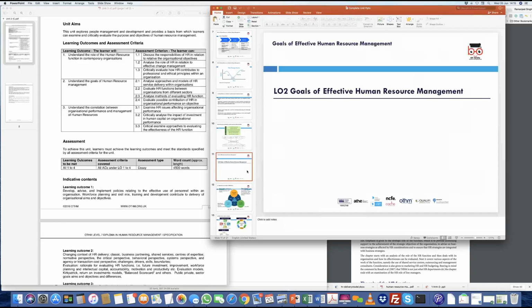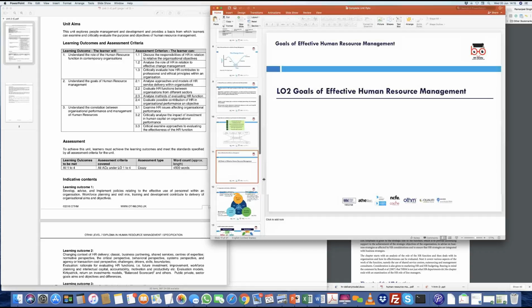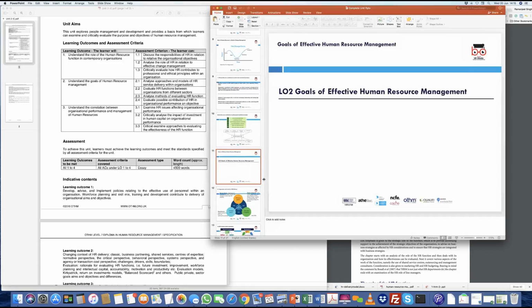We need to look at some of the functions in more detail, in particular how the delivery and implementation of a strategy happens within the organization. That is the key essence of what you do on a daily basis when you work within a human resources department or as a human resources manager in a company.